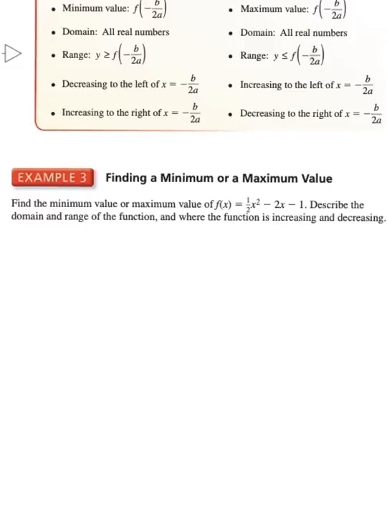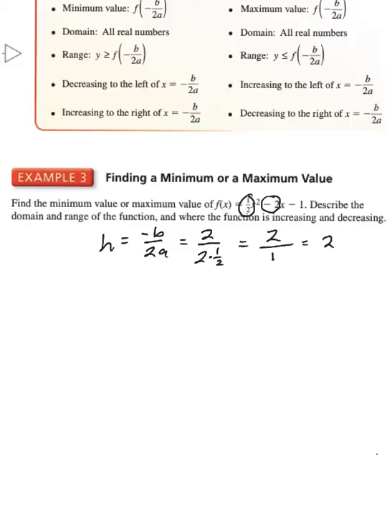So again, our starting point is that the value h, the x value of the vertex, is going to be -b/2a, which equals, okay, b is -2, so -b is going to be 2, over 2 times a, which is 1/2. 2 times 1/2 is just going to be 1. Therefore, our value for h is 2.